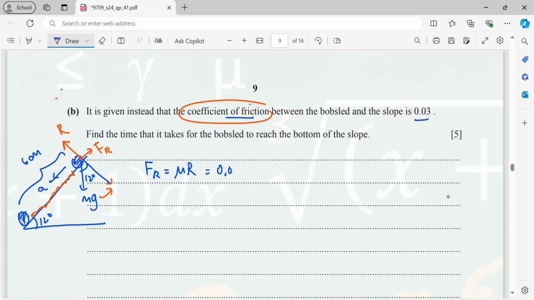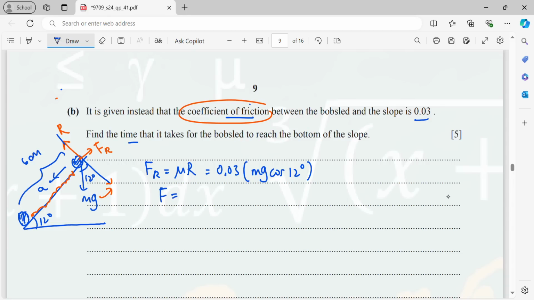Now your R is balanced with mg cos 12 degrees. Before I get the time, I have to find the a first. What is my new a?